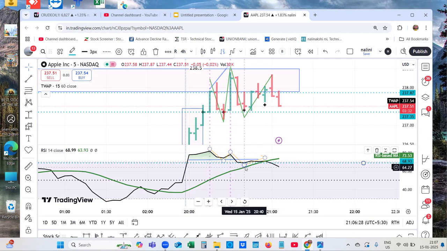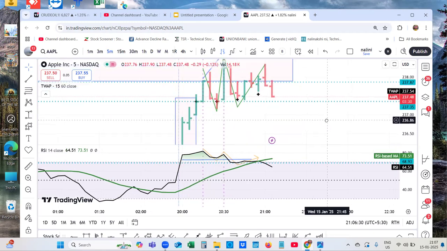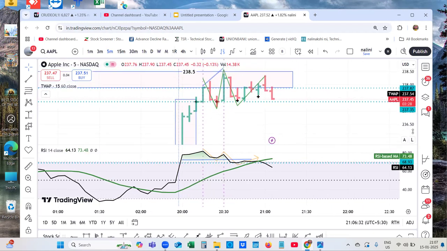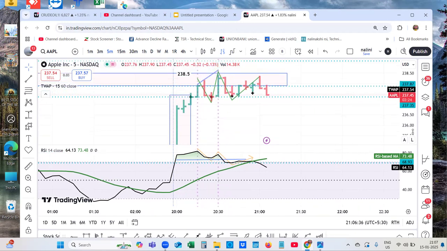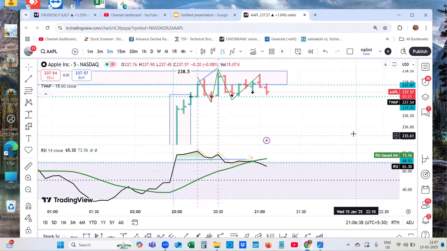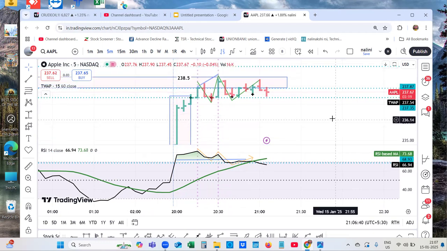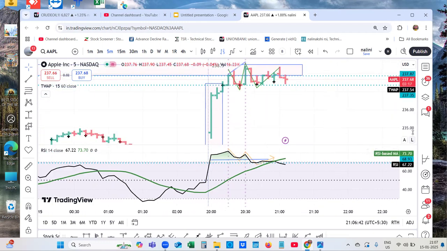Then when it has crossed below this level, definitely we can anticipate a down move, and who knows, during the day it may give a proper entry for the traders at a discounted price.